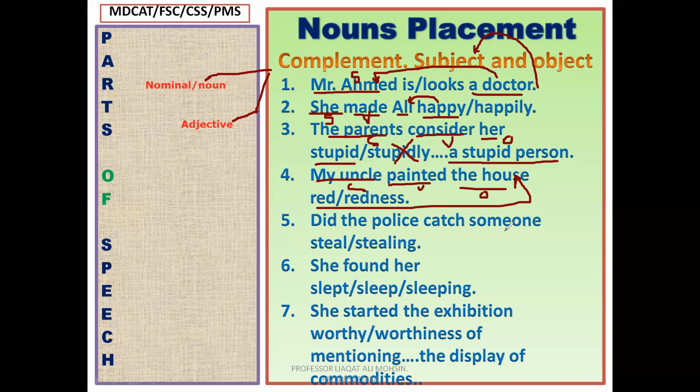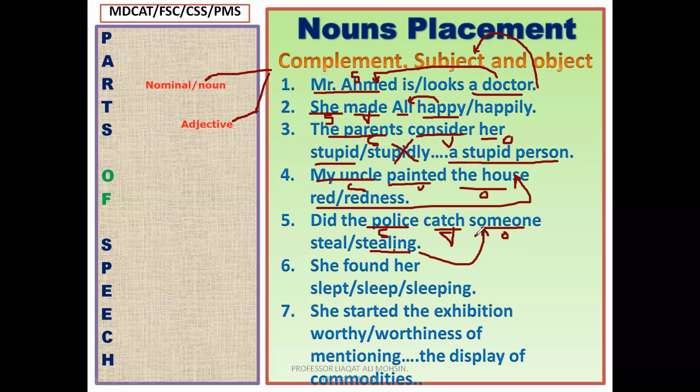Did the police catch someone stealing? Catch. Who catches? The police. And what is the receiver? Someone. And stealing is adding up to someone. Someone is the noun or pronoun, and stealing is the adjective.